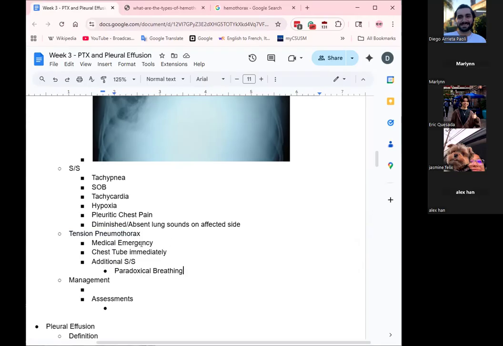That means someone is attempting to breathe in, and that will actually make their chest deflate, and then breathing out will actually make their chest inflate. So that is one of the signs of tension pneumothorax. And one of the things that makes tension pneumothorax different from the other one is that you'll have tracheal deviation.